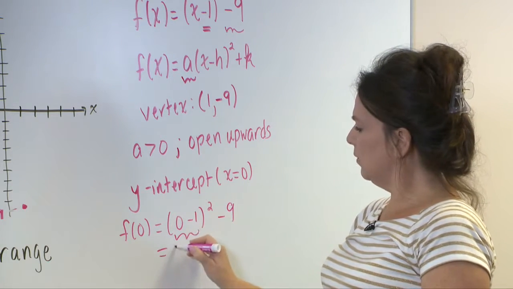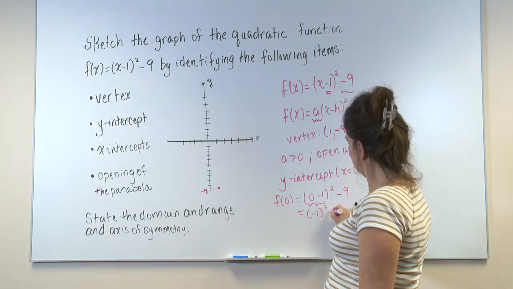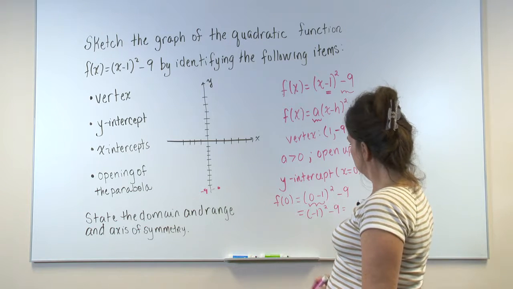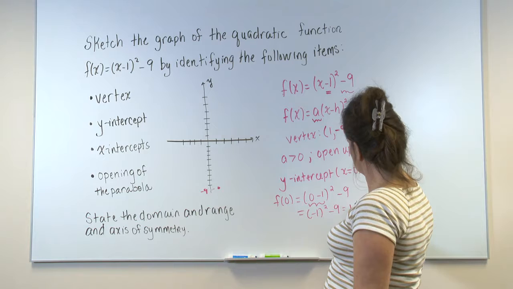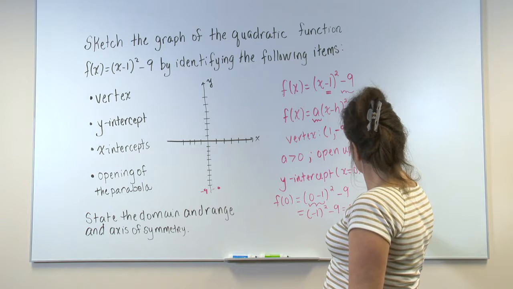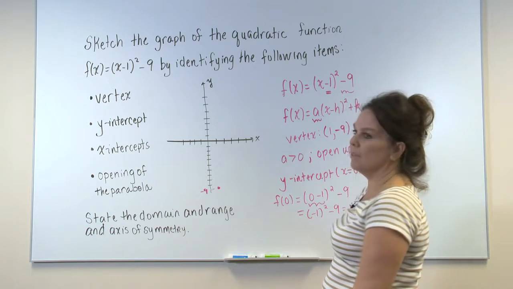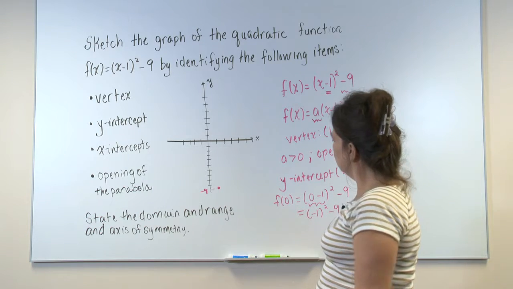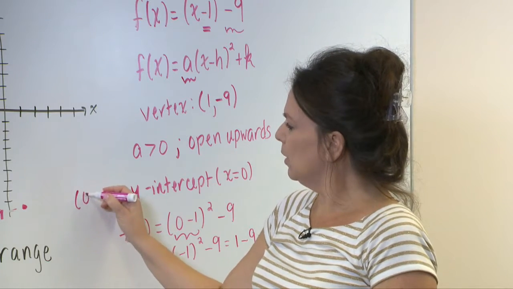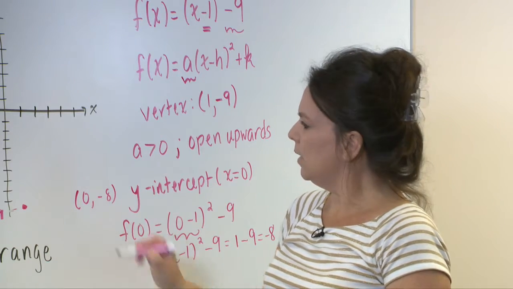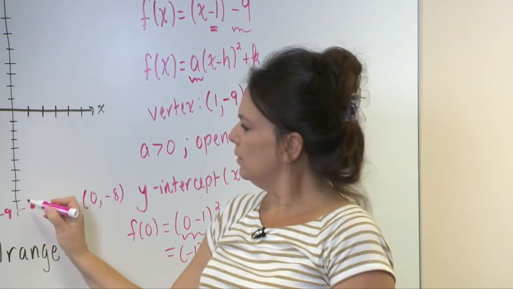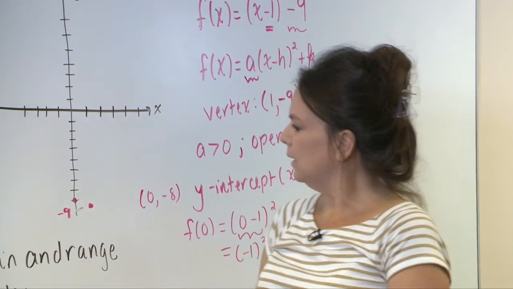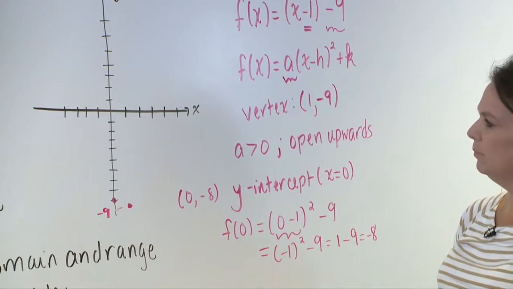Inside the parentheses, I have negative 1 squared minus 9. Negative 1 squared is a positive 1, minus 9, which gives us a negative 8. The y-intercept is the point (0, negative 8). So here is (0, negative 8).